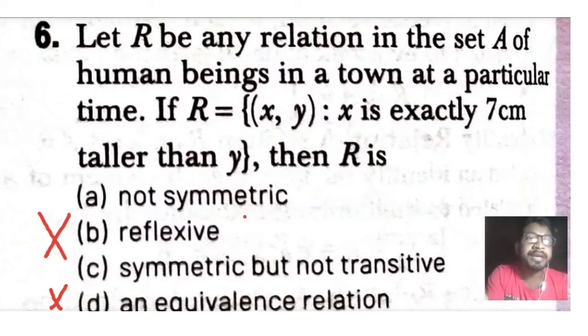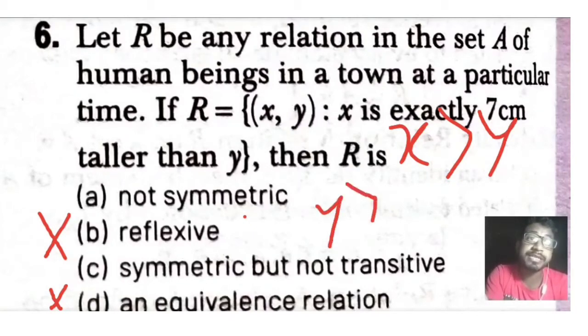Now x is 7 centimeter taller than y, so we can't say y is also 7 centimeter taller than x, and it's not possible. So this relation is not symmetric. So only option A is the correct answer.